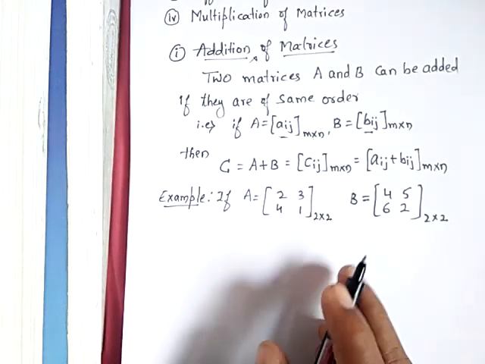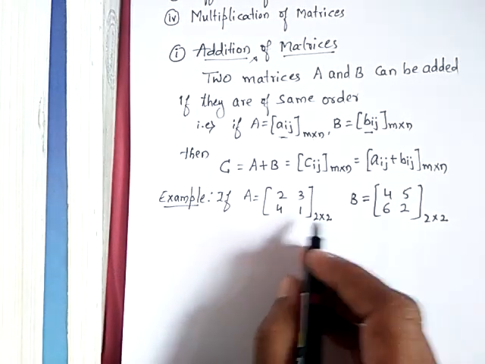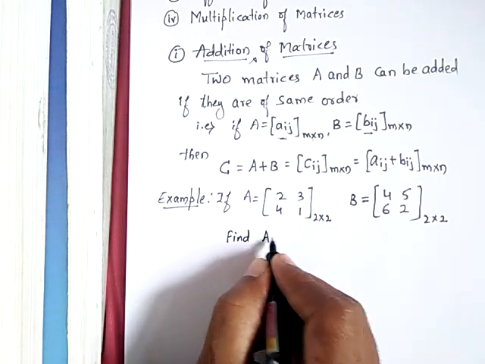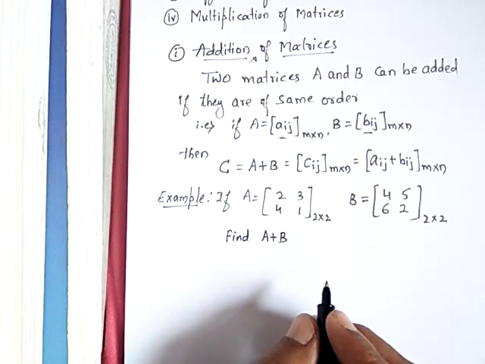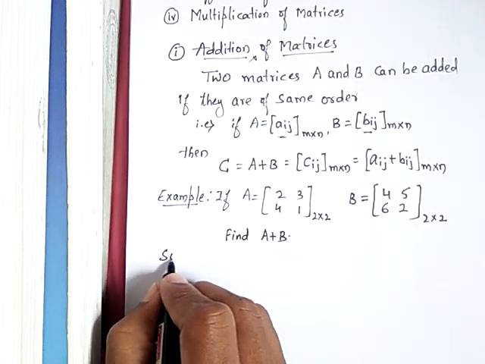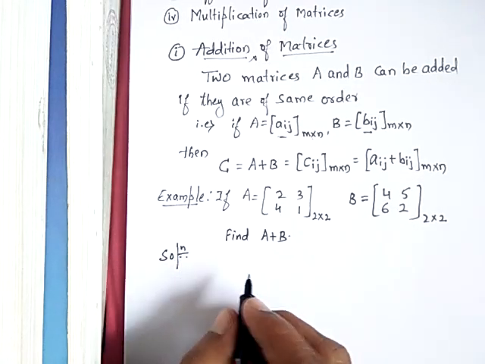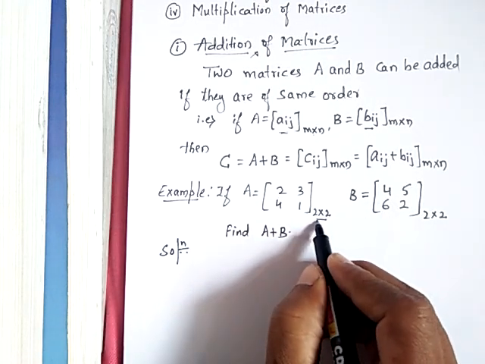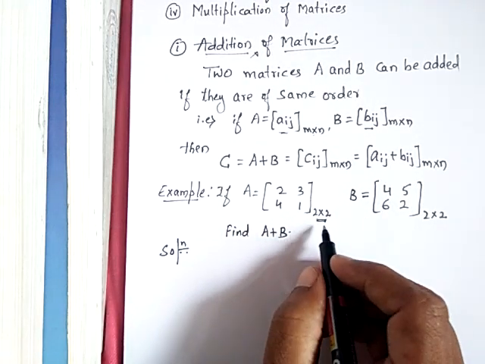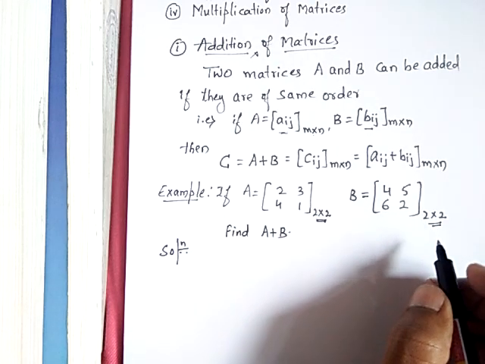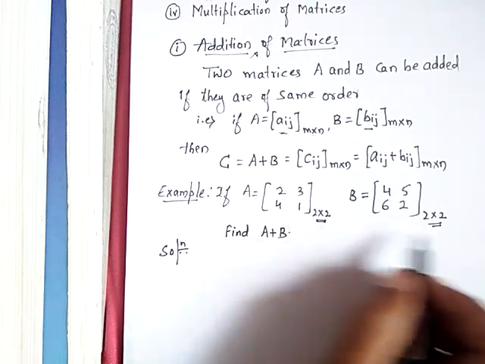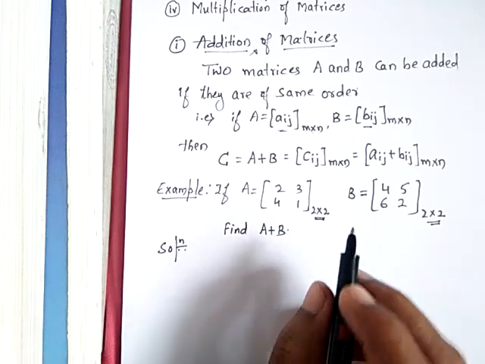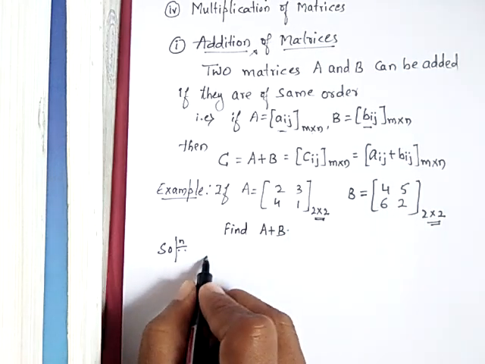Now we have to add these two: find A plus B. Here, solution. First A is this one, B is this one. You have to check the order. Here it is 2 by 2, here it is also 2 by 2, so you can add these two. If the order is different, then you cannot add A plus B, it is not defined.